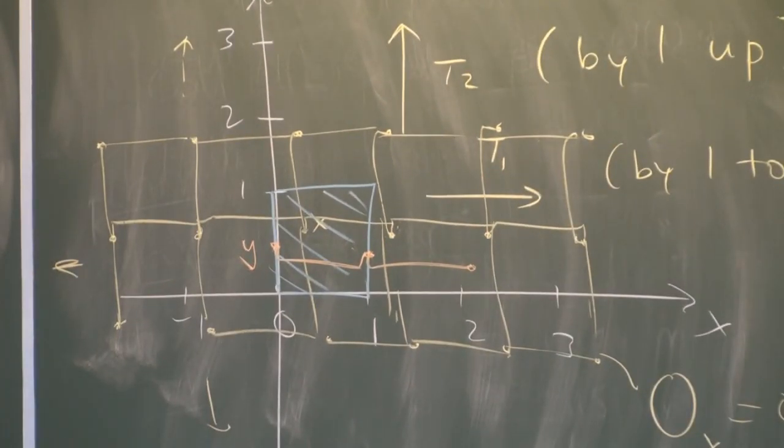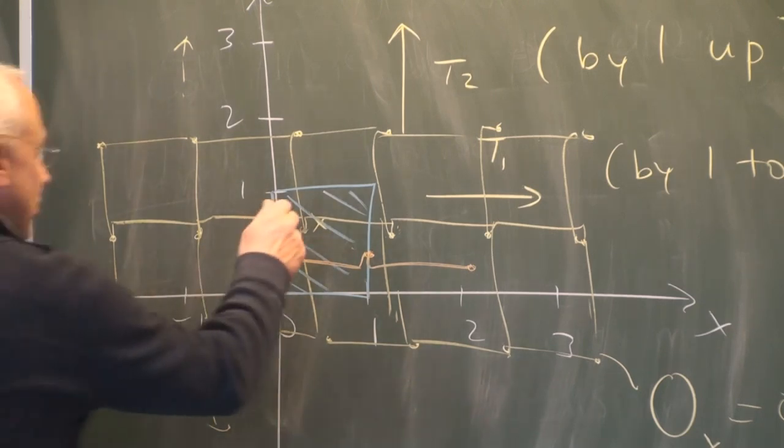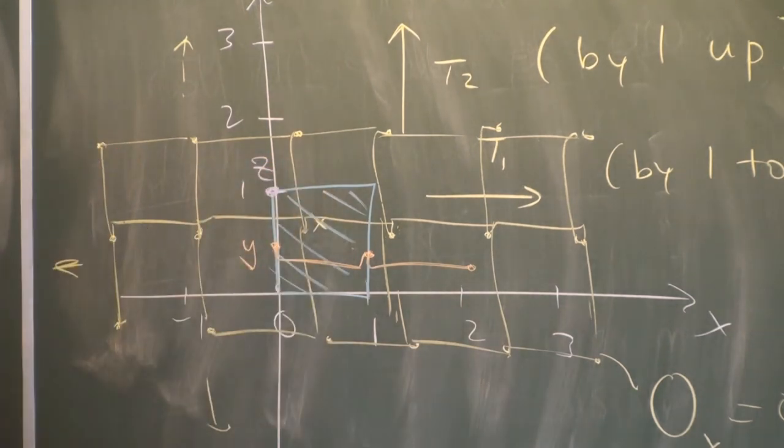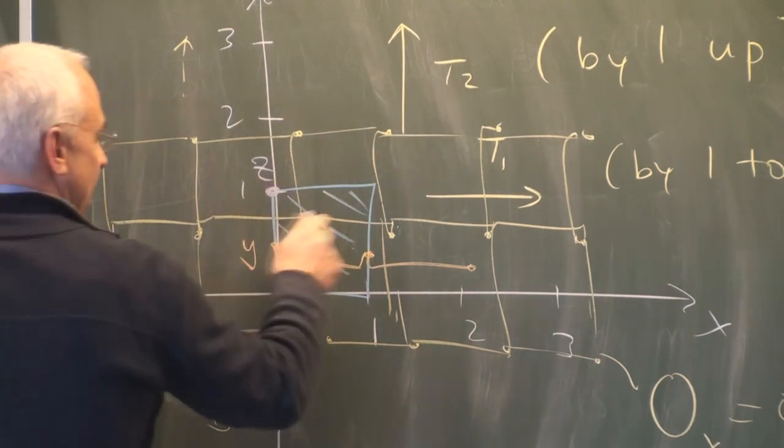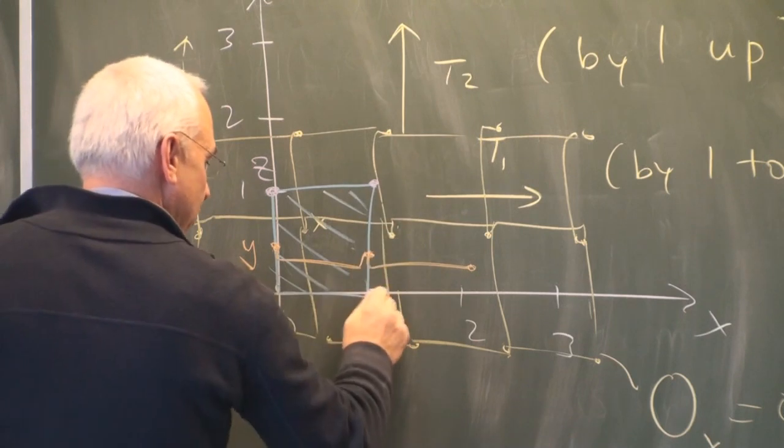And there's another point, even more special. If I happen to choose Z, say, to be on the corner, then the orbit of Z would include not only that corner, but also the other 3 corners.